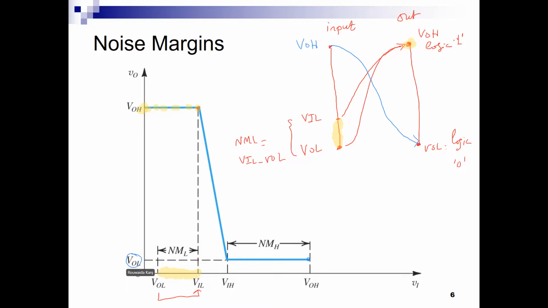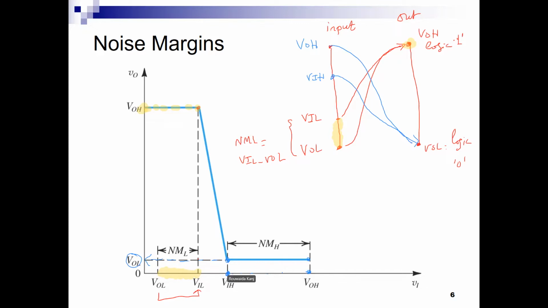But even if my input drops as low as VIH, the output still gives me VOL. So this will still map to VOL. So my input might be able to receive noise.